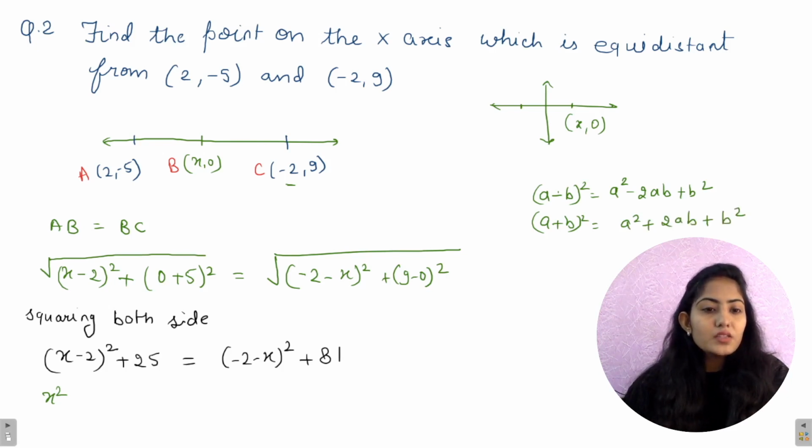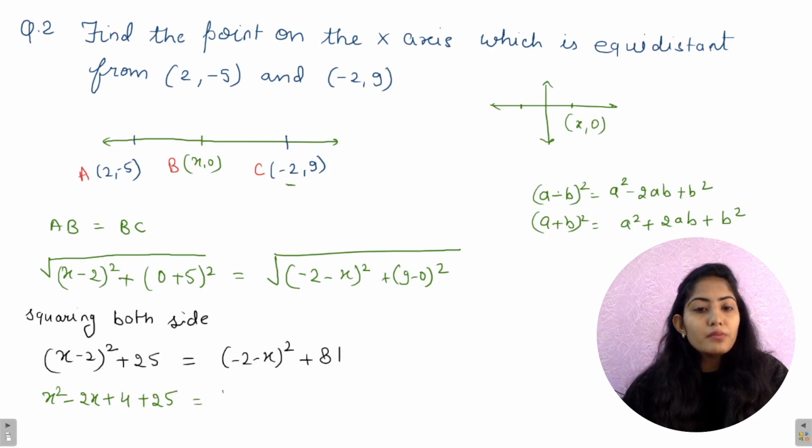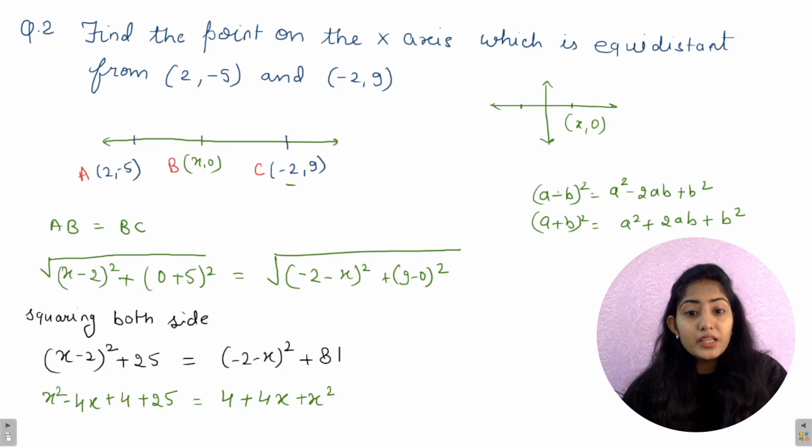So it will be x square minus 4x plus 4 plus 25, and that will be equal to, when we use it here, it will become 4, minus minus will become plus, so it will become x square, right? Here it is also 2, no, I made a mistake here. I have to write here 2 into 2ab, so here it will be 4x and plus 81.